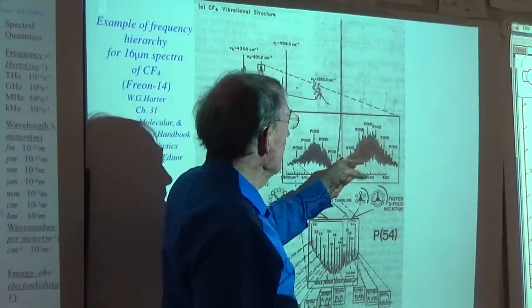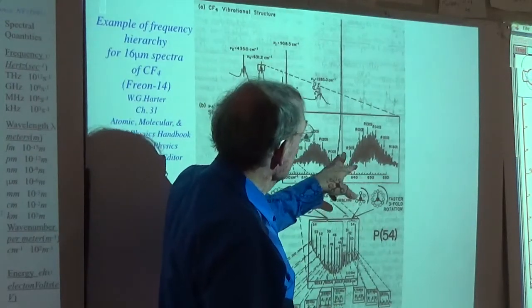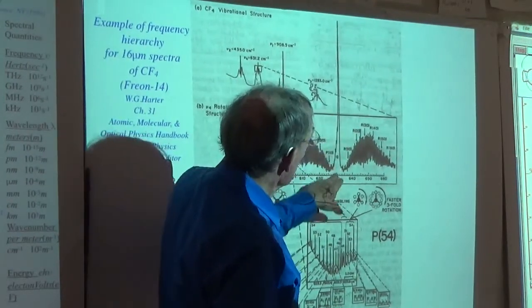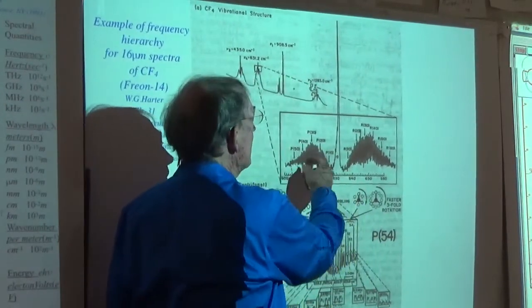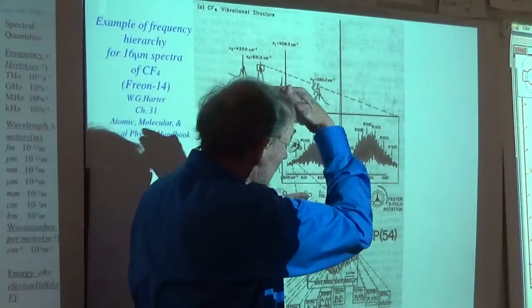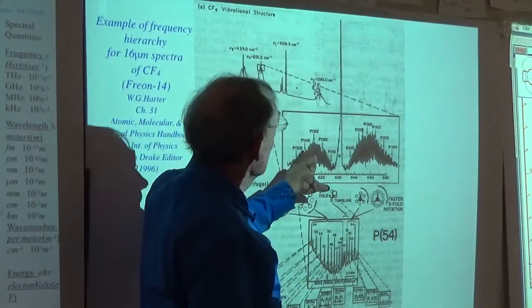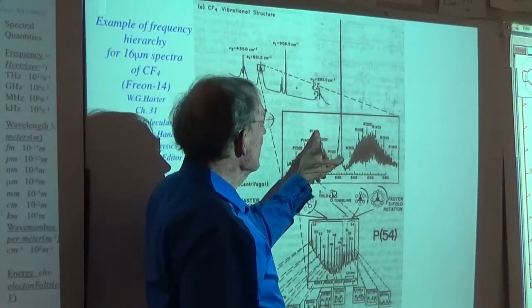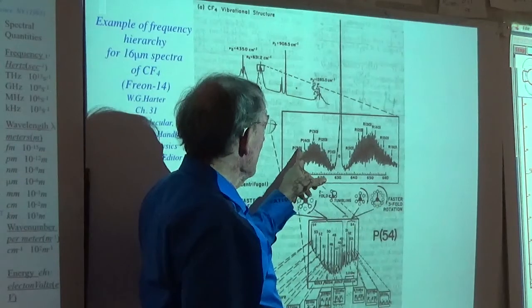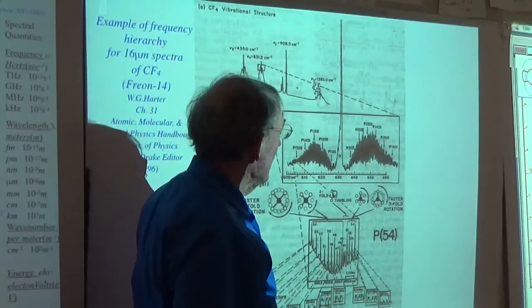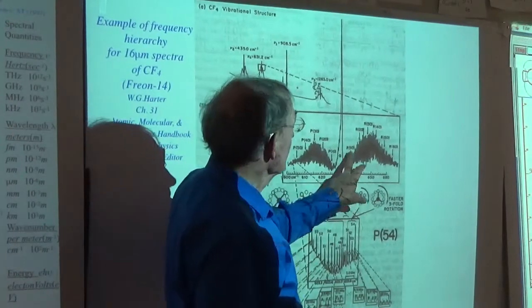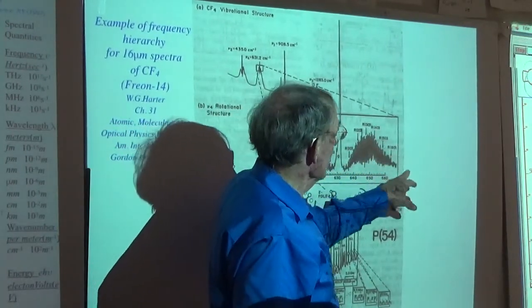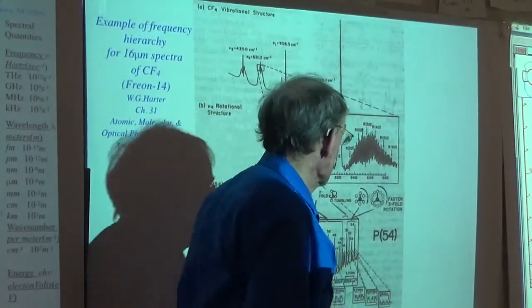I'll explain that one in a little bit. And there's a letter Q representing all of this stuff, all compressed in the middle here. And then on the other side is the P branch, they call it. All the little P's there indicating also quanta of angular momentum ranging up to, say, 50 or 60 on this side right here. So it goes 10, 20, 30, 40, 50, 60, and maybe even a little further.